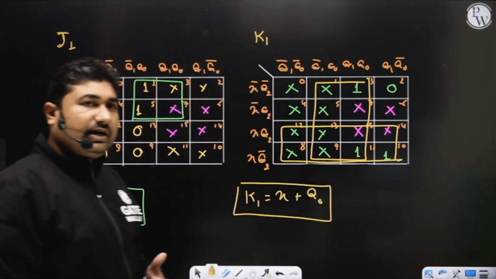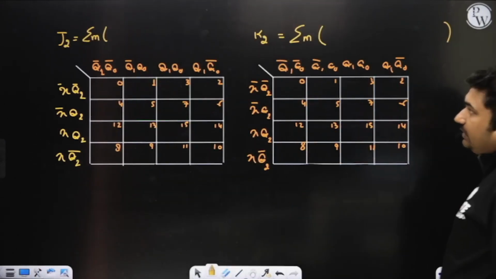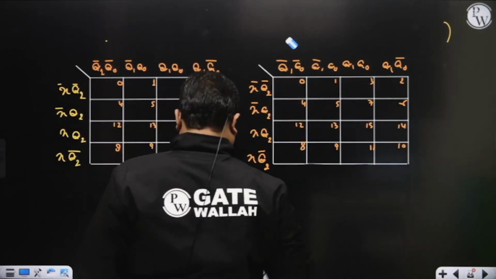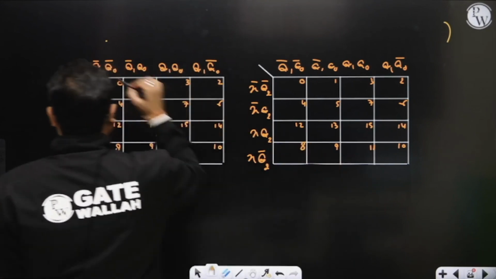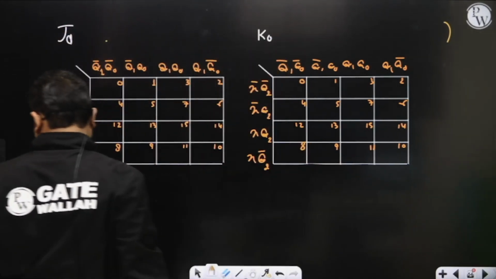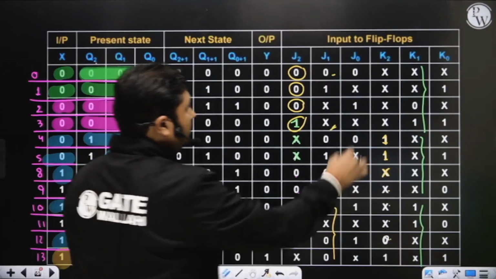Similarly you can find for J0 and K0 also. Let me write it for you. We need to find J0, K0.